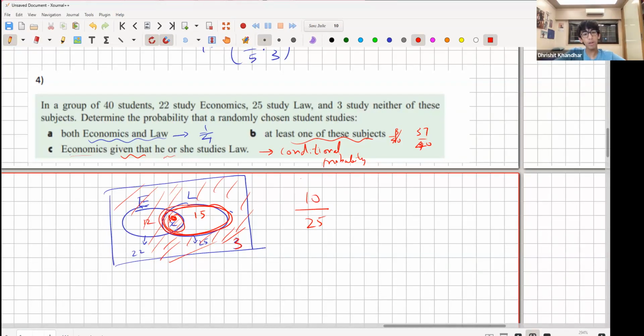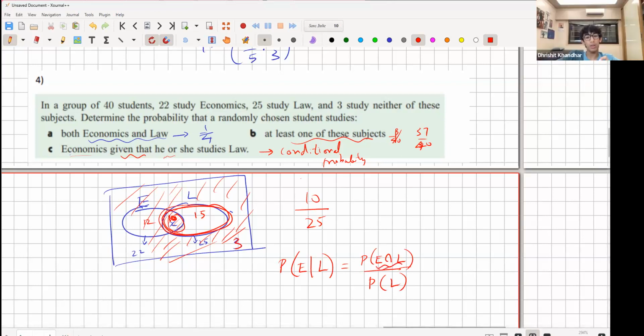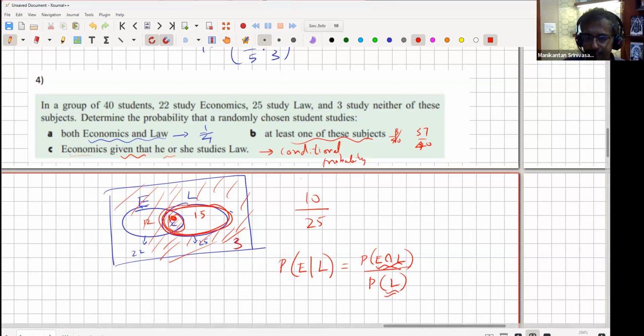So you have to study law, but then you also have to be among the people who study economics out of the law. Exactly. Yeah, because the denominator is the probability of people who are selecting law, and you can replace probability with count in this case. So like you said, you have to study law, but among that group, what is the select group which is studying economics also, which is what the formula also tells. Yeah. Intersection of E and L among those with L. Okay, does it make sense, guys?